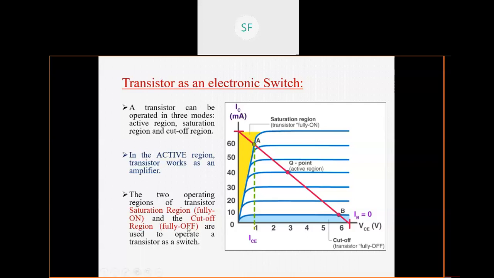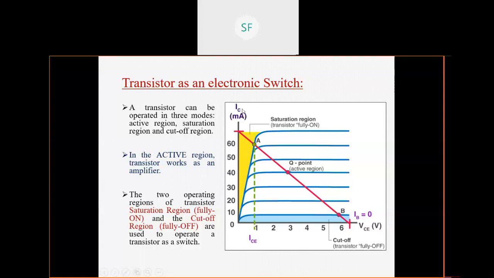Okay, so there are a few points. We have already seen this particular graph. The name of this graph is output characteristics of common emitter configuration. Why output characteristics? If you observe, this graph is plotted using different values of two parameters.